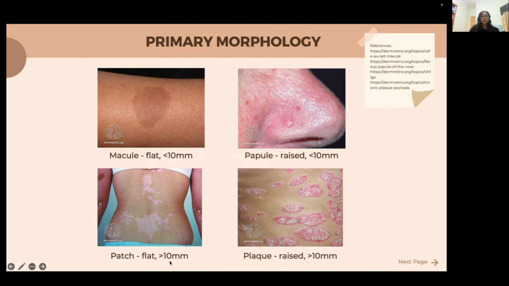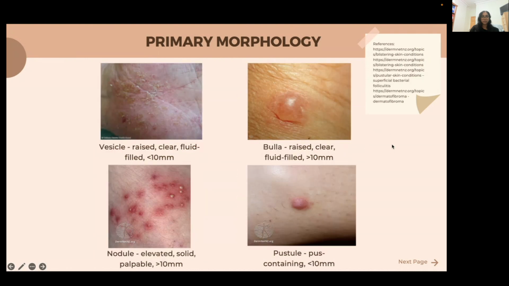Then say that we've now got a lesion that's more than 10 millimeters in diameter. If you can't feel it, if it's not palpable, it's a patch. If it is palpable, so something like a psoriasis plaque, then we would call that a plaque. There's some other morphology to be aware of.